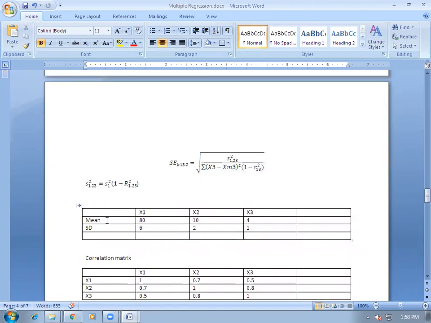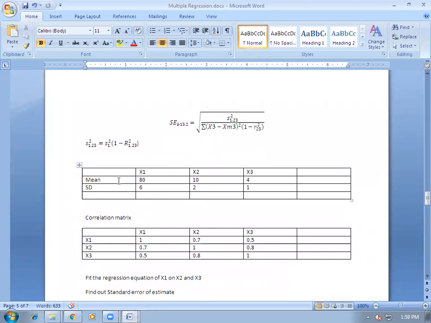Here is an example, a practical question which we can solve by applying these formulas. Here x1, x2, x3 are given, and the mean of x1 is 80, the mean of x2 is 10, the mean of x3 is 4, and the standard deviation of x1 is 6, the standard deviation of x2 is 2, and the standard deviation of x3 is 1.